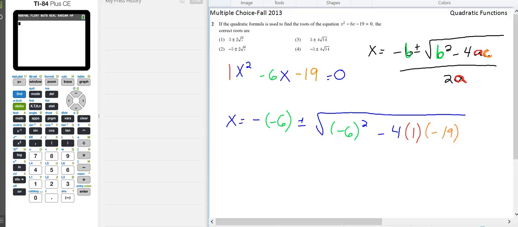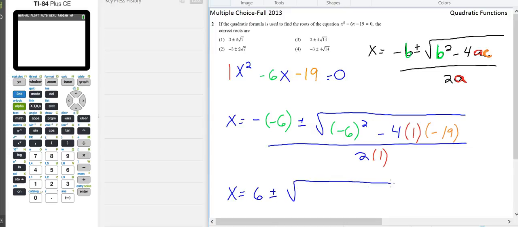That whole thing is over 2 times a, which is 1. Let's simplify. X is equal to negative 6, which is positive 6, plus or minus the square root of negative 6 squared is 36, minus 4 times 1 times minus 19.